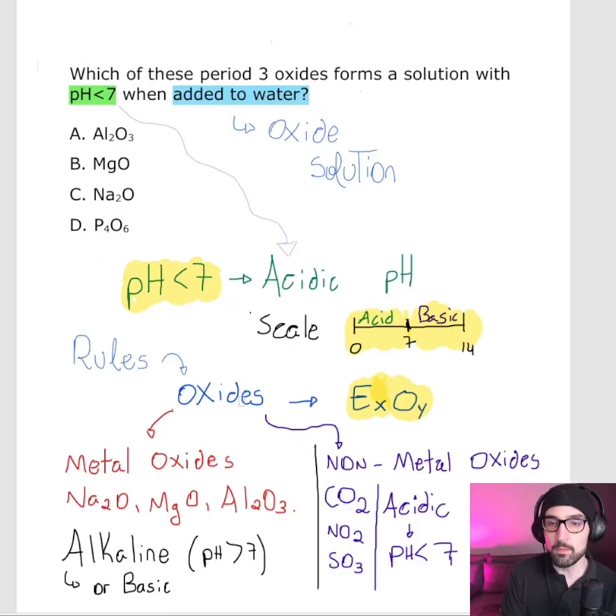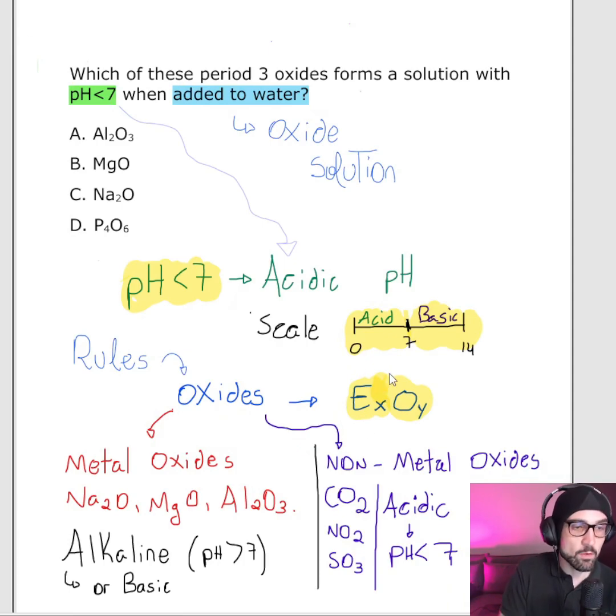So the rule of thumb is there are 2 types of elements that can be bonded with oxygen, okay? Metal and non-metal. When you have a metal oxide, let's say sodium, magnesium, aluminum, right? Sodium is a group 1 metal, magnesium is a group 2 metal.